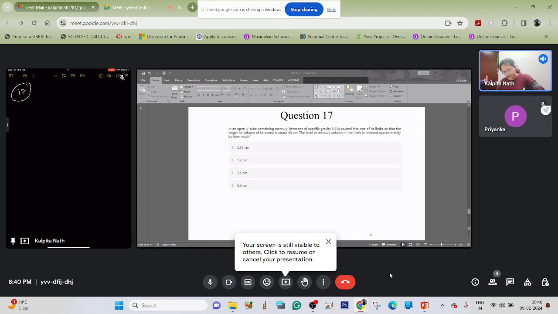See, if I draw the diagram, it will be easier for you to understand. So this is A, and let's suppose this was the initial height, this dotted portion. Now after pouring the kerosene, it has depressed to here. It has depressed 40 centimeter.